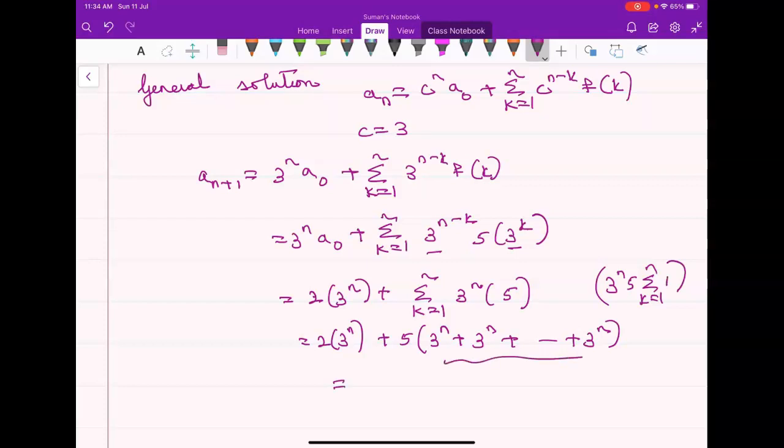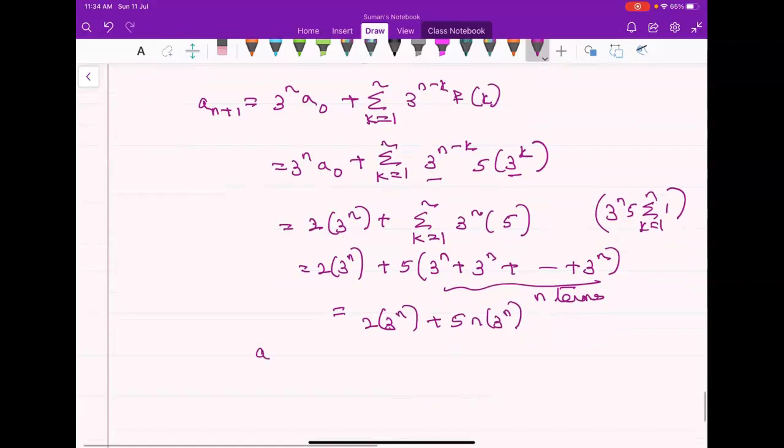So there are totally n terms here. And so this will give you 2 into 3 raised to n plus 5 into n 3 raised to n. So when you simplify, you get an plus 1 equal to 2 plus 5n into 3 raised to n, and this follows for n greater than or equal to 0.